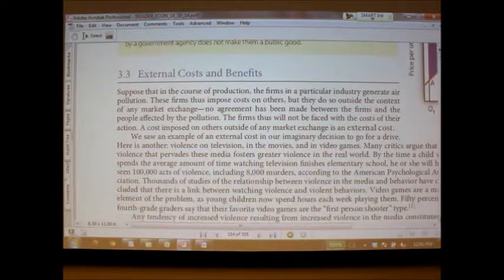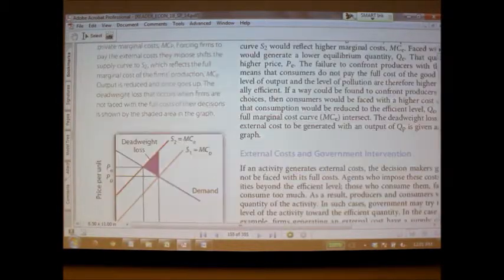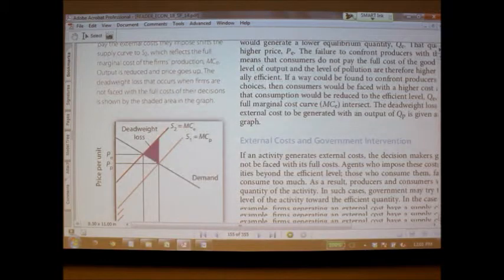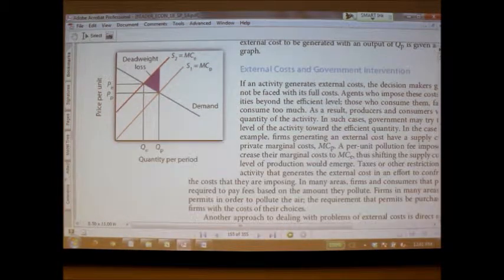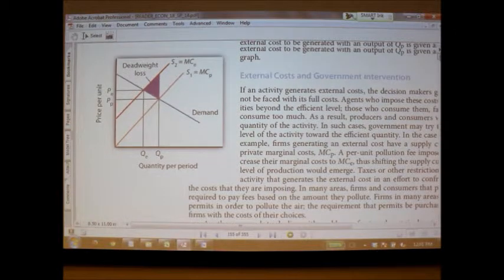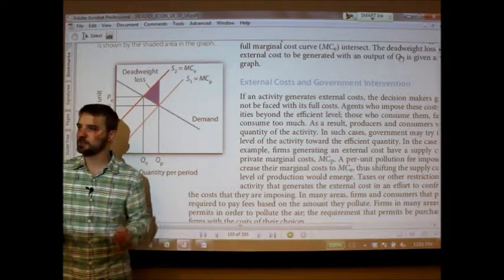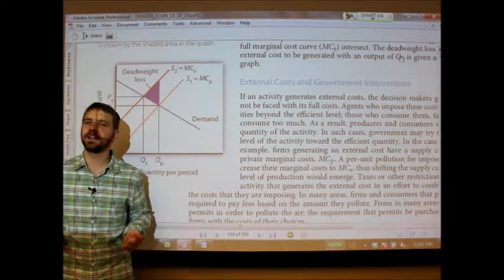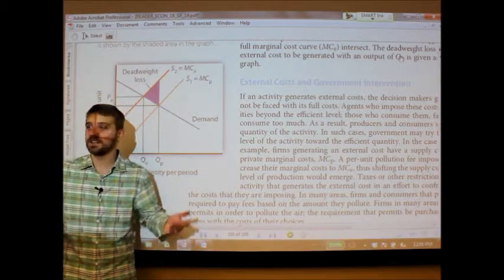Now, what about external costs and benefits? I used the example of tailpipe emissions to illustrate an external cost. So you're driving down the road, and while you're doing that, you're polluting. The bicycle riders who are behind you are breathing in that pollution, and that's increasing their chance of dying, right?